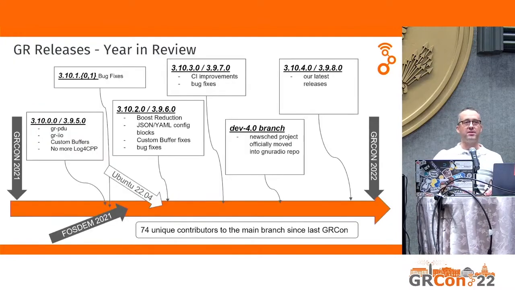All right, so it's a busy year for GNU Radio releases. We started off after last GRCon working towards GR 3.10. And 3.10 included the GRPDU module, which took a lot of out-of-tree work from Sandia and brought that in as an official in-tree module.